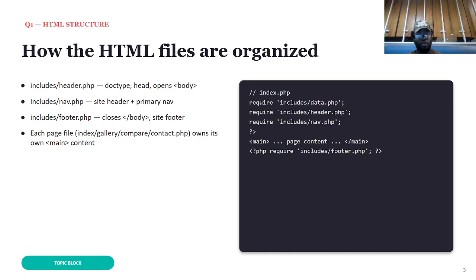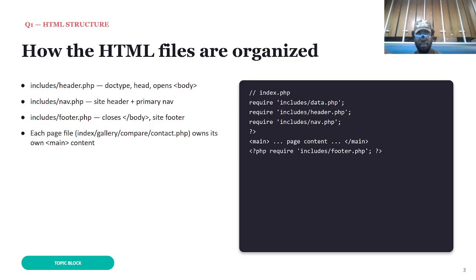So how the files are organized: my HTML isn't one giant file per page. It's assembled from four shared includes plus whatever is unique to that page. The header.php file holds the doctype and opens the body. nav.php is the site header and primary navigation, the same on every page.